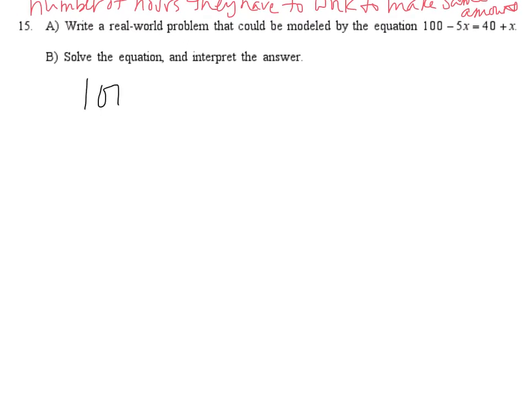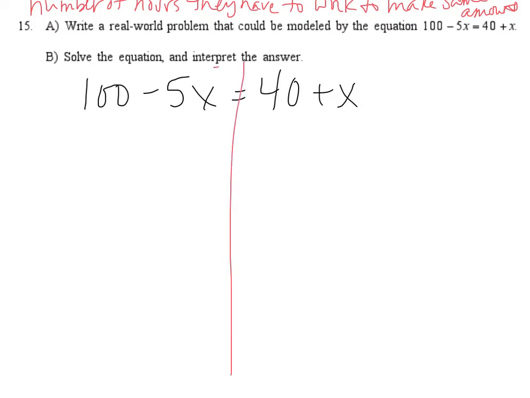So 100 minus 5x equals 40 plus x. So my first step is draw my line. Second, I box in my variables. And notice again, I boxed in this with the 5x because it goes with it. So now I like to look at it and see, okay, I have a variable on both sides.